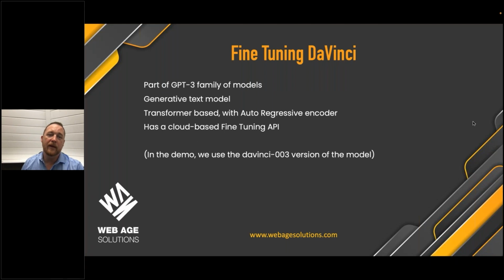And what we're going to do is take a Da Vinci model, Da Vinci 003 model specifically. This is a GPT-3 family of models. GPT differentiates itself over some of the other language models by having an autoregressor in addition to a transformer topology, and differentiates itself from BERT with the decoder stage being very different than how the BERT model is built.